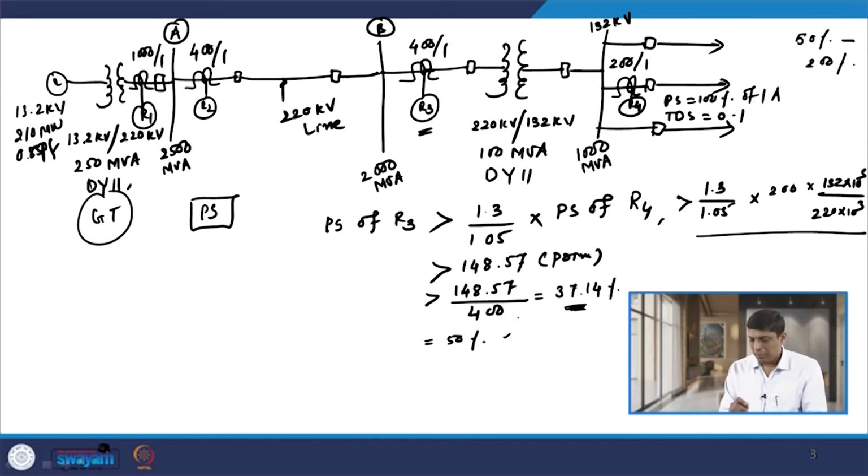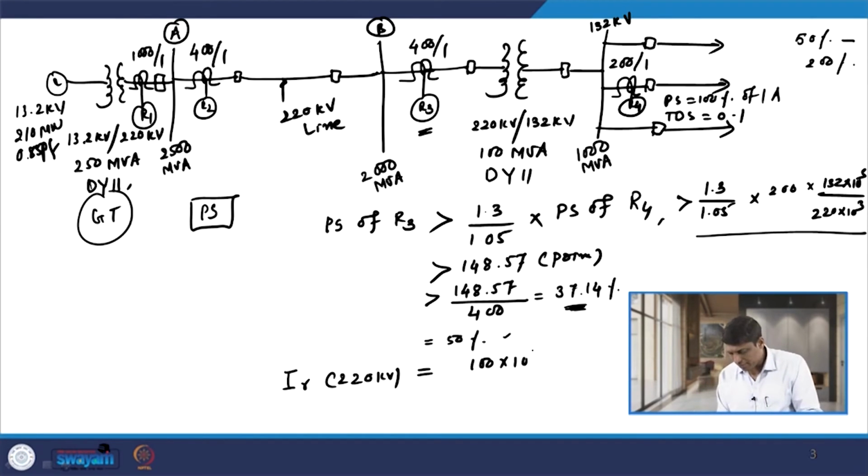If I decide the plug setting of R3 as 50% by this rule, then we also have to cross check that relay R3 should not operate when the transformer draws full load current on the 220 kV side. So, if I find out the rated current of the transformer on the 220 kV side, that is given by 100 MVA divided by root 3 into 220 kV.